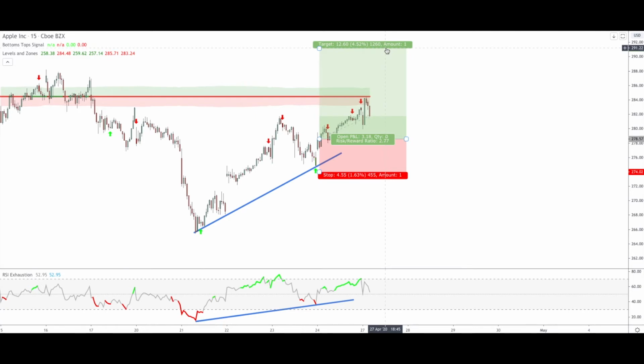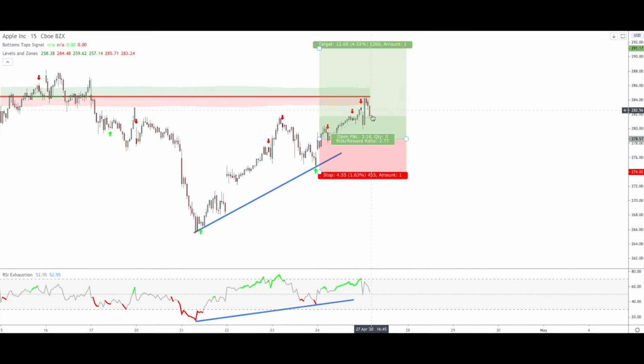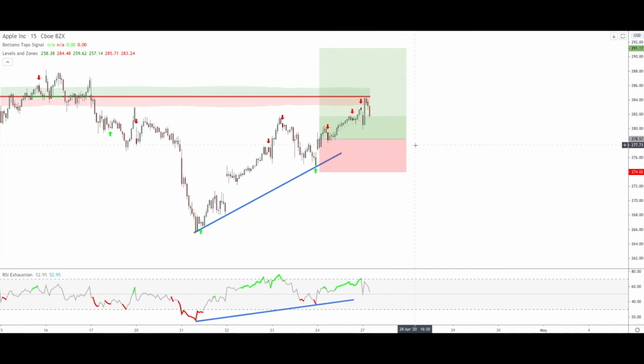Well, of course I would like that, and if it does, I'm super happy, but even if it breaks up and stays above the resistance, so it becomes a support for quite some time, then it would be better, and in that case I will move my stop loss to break even. Right now I cannot move my stop loss to break even because the price could well come back down.